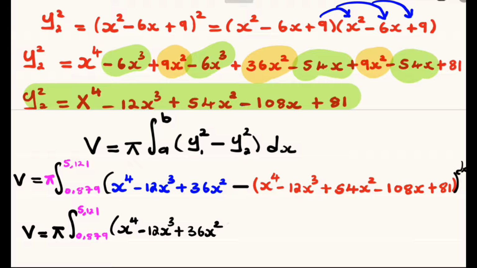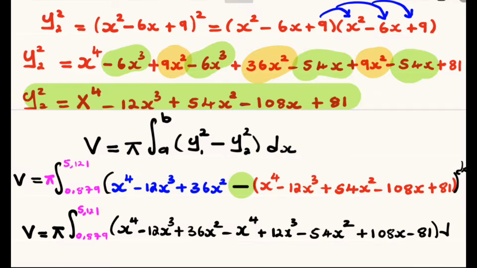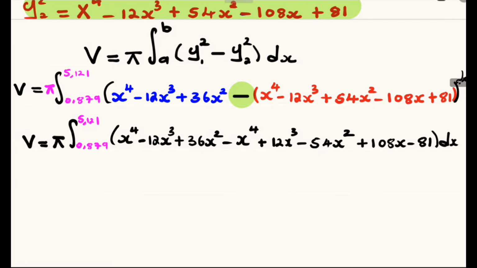We distribute the negative inside the parentheses and we have negative x to the power 4 plus 12x cubed minus 54x squared plus 108x minus 81 dx.